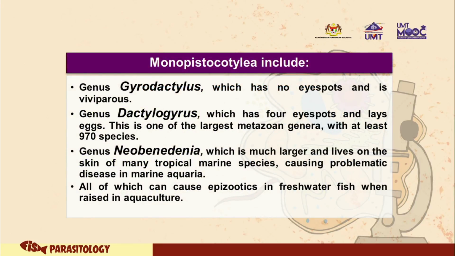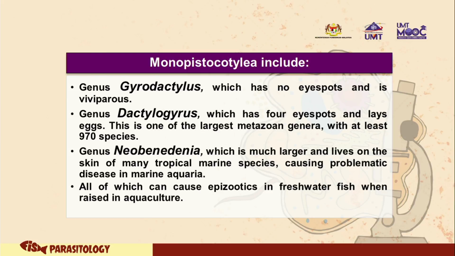Monopisthocotylea include the genus Gyrodactylus, which has no eye spots and is viviparous. The genus Dactylogyrus has 4 eye spots and lays eggs. This is one of the largest metazoan genera with at least 970 species.